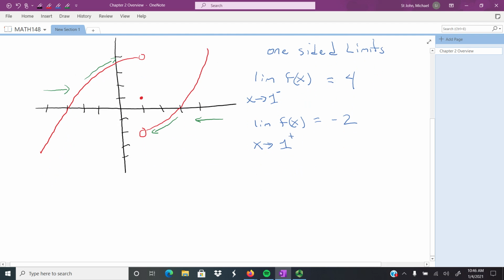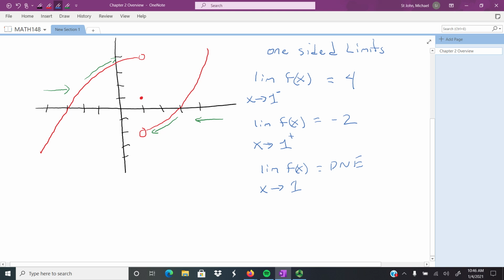Well, then we could say, what is the limit of f of x as x approaches 1? Well, in order for it to have an answer, I have to be approaching the same number from either direction. So we see that if I do 1 from numbers that are less than 1, I go to 4. If I do numbers that are greater than 1, I go to -2. And so for this one, the answer would be does not exist, because after all, we approach 2 different values.